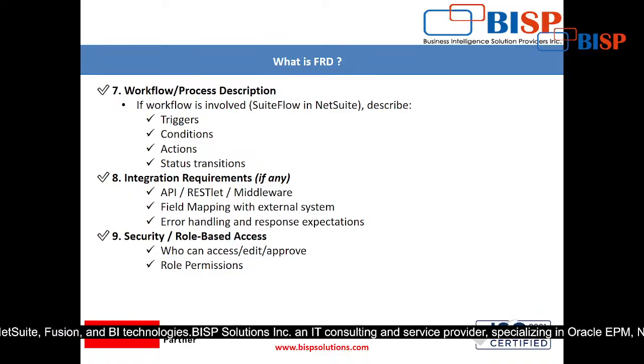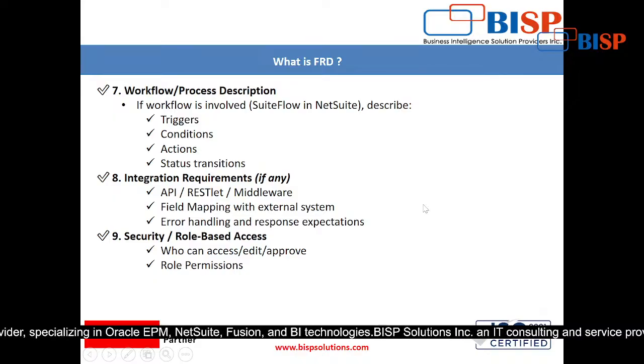Suppose that name will be mapped with what in NetSuite? That is the entity. In NetSuite there is a fixed ID for customer name, that is entity. So C underscore name, that is customer underscore name, will be mapped with the entity. So we have to prepare one Excel sheet. That is called mapping with external system.